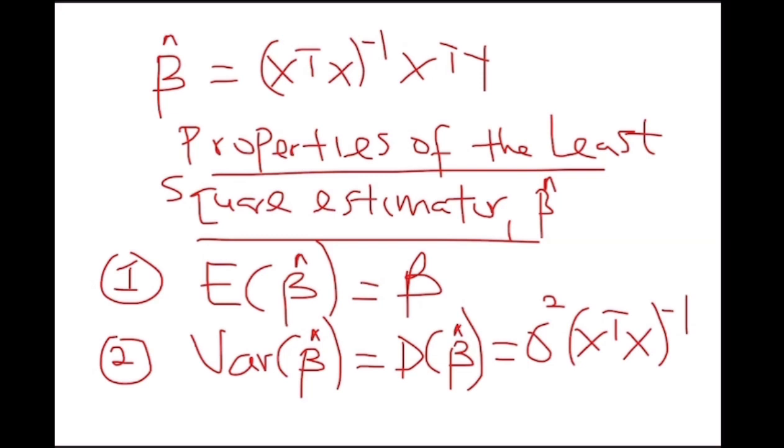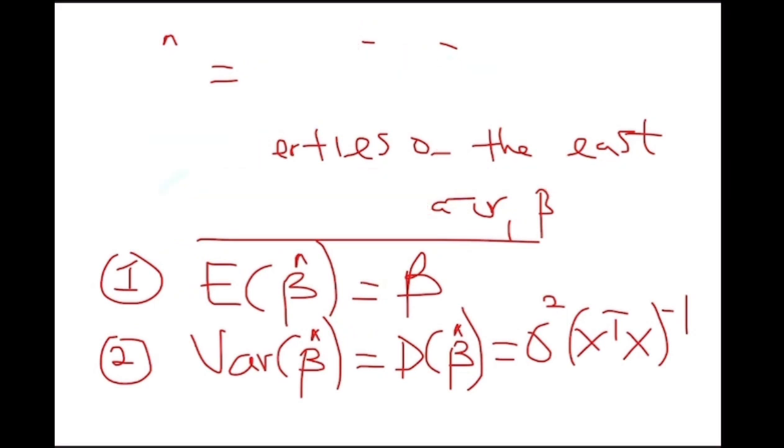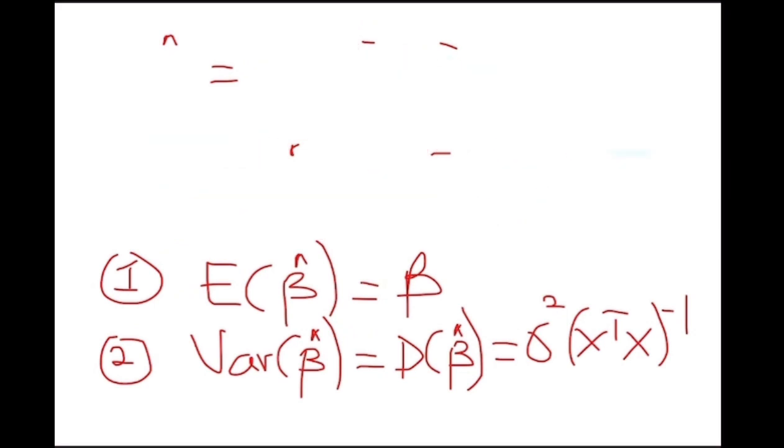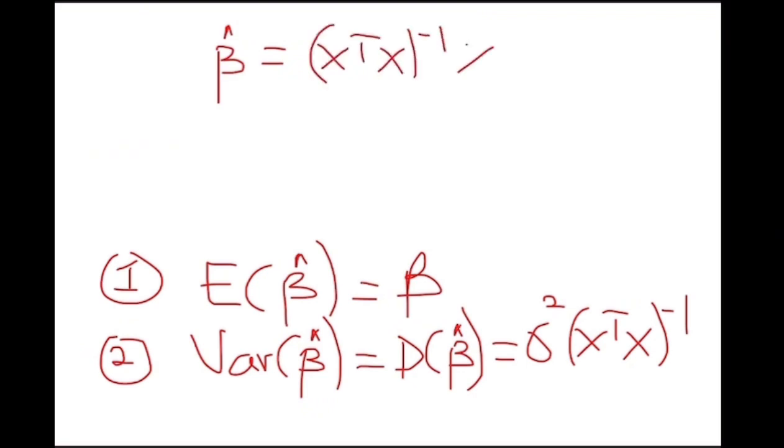Okay, let's get started. Before we start investigating the unbiasedness property of a beta curve, we know that the beta curve is S transpose X inverse S transpose Y. When I take the expectation of both sides, what is going to happen?